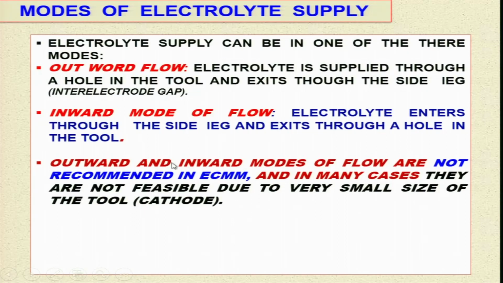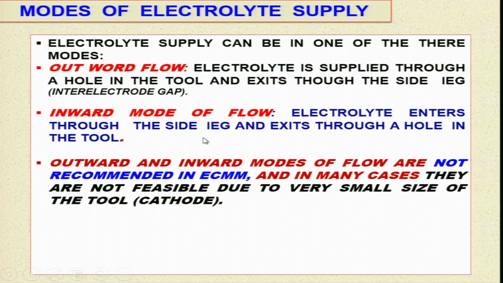In the outward flow, electrolyte is supplied through a hole in the tool and exits through the side inter-electrode gap, and I have already mentioned that it is not recommended to make any hole in the tool, because tool size is so small that it may not be feasible in many cases to drill a hole within a tool of few tenths of micrometer size.